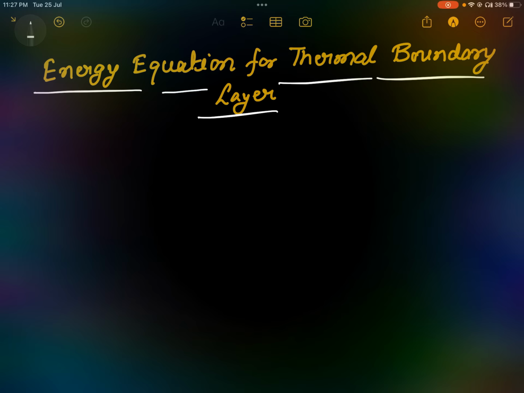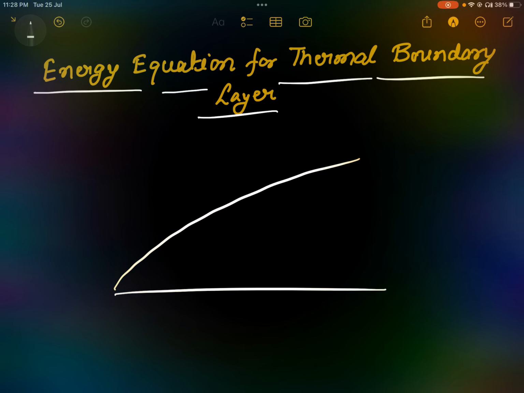So first of all, let us suppose a thermal boundary layer on a flat plate. Let's say we have a thermal boundary layer on a flat plate. This is the free stream temperature, T infinity. This is x direction, and this is y. This is the xy axis. Fine.